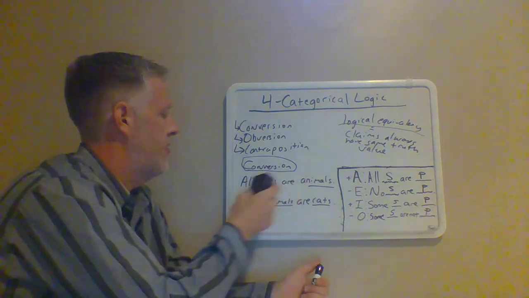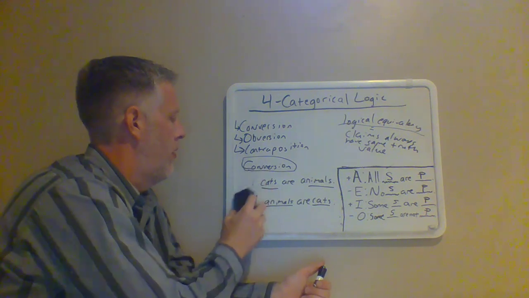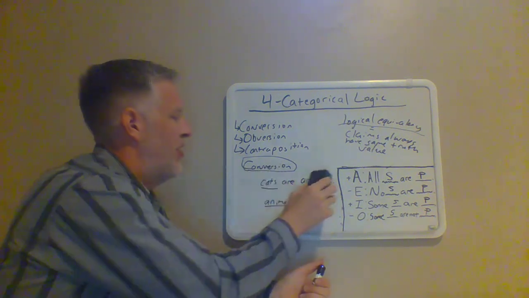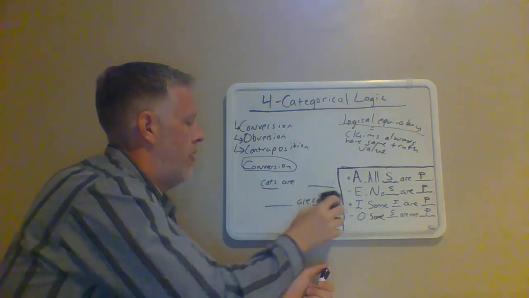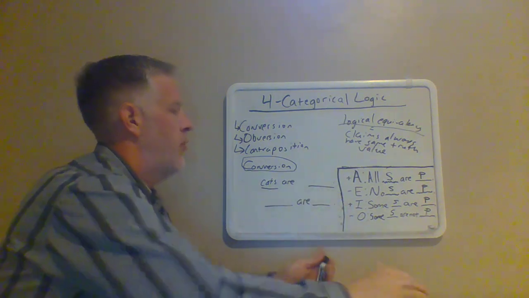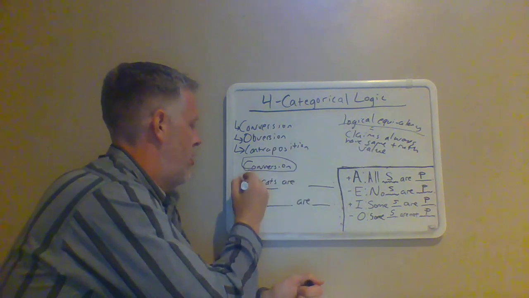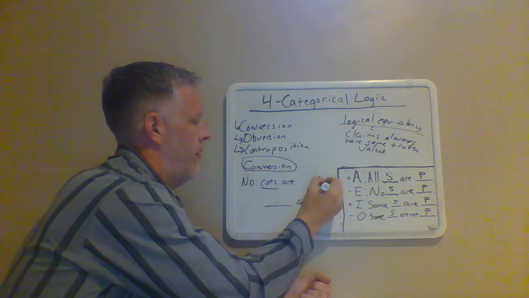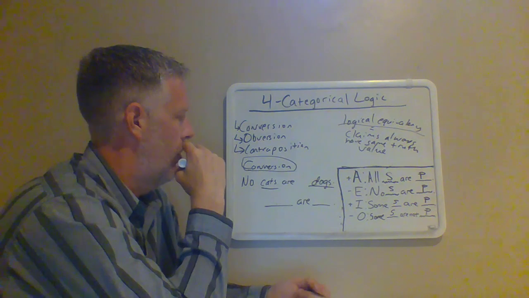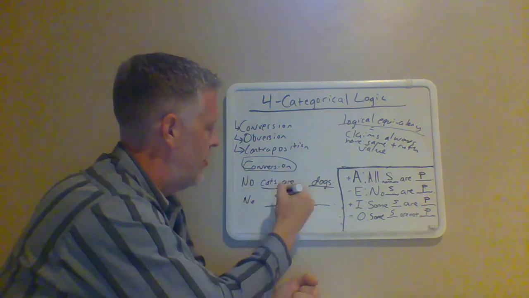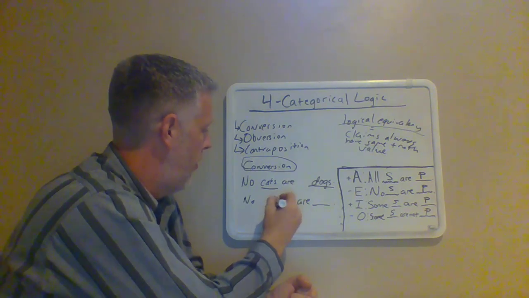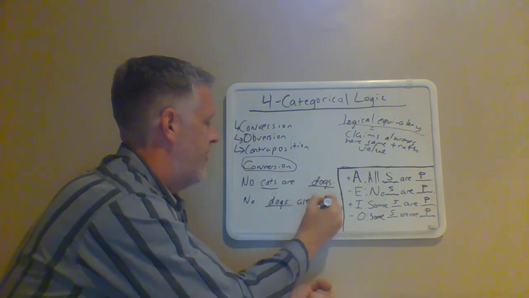Okay, let's say we had started with, again, I want to have examples that are kind of intuitive. So let's say we started with a standard form E claim, no cats are dogs. Well, how would we convert that? All we do is switch the place of the predicate and subject. So no dogs are cats.